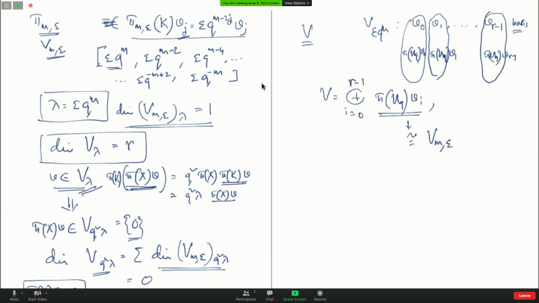Then you would have done what you wanted to do: write V as a direct sum of such type. So earlier you had only a filtration of subspaces so that the quotients of consecutive subspaces were of this type. Now we will have written V as a direct sum once you execute this.